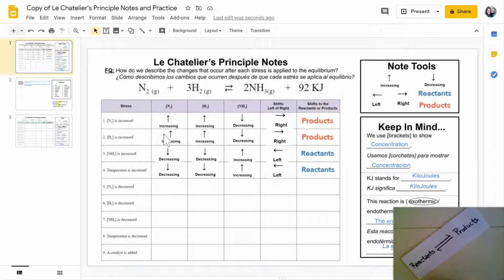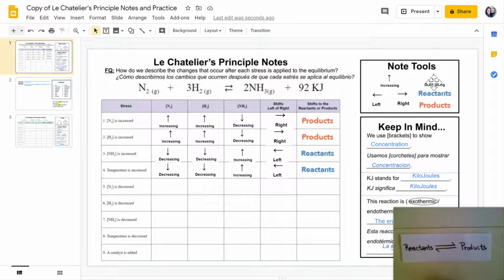Now that we have our pattern here, let's see if we can predict what's going to happen if we change the concentration of N2. In this case, the change is decreasing the concentration. So if N2 is increased up here at number 1, what would be the opposite if we decreased?